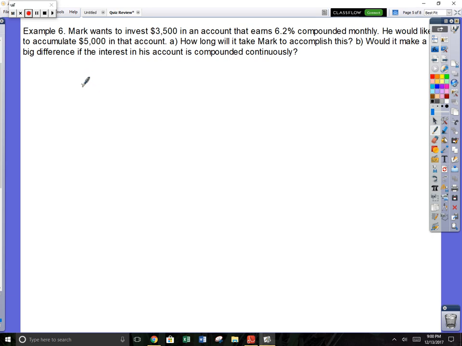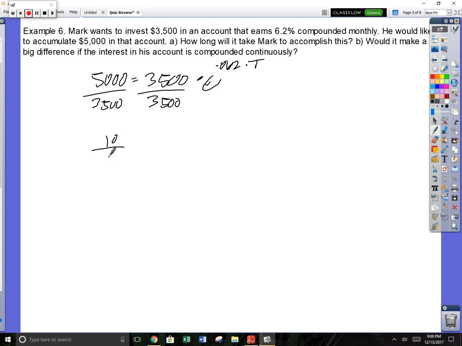So let's do the math. Alright, compounding continuously. So we're going to take that end result, 5 grand. The initial was 3,500 times E to the 0.062 times T. Okay, undo the 3,500, divide that by 3,500, and we got 10/7 equals E to the 0.062 T. Okay, now you just log it.